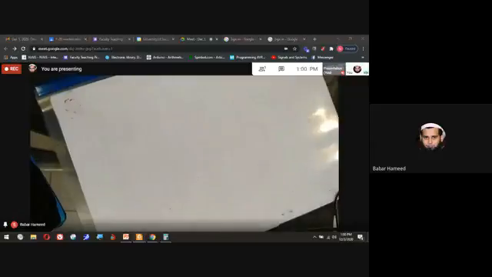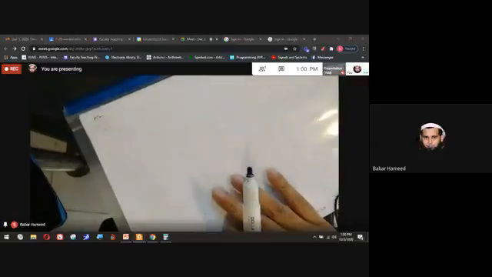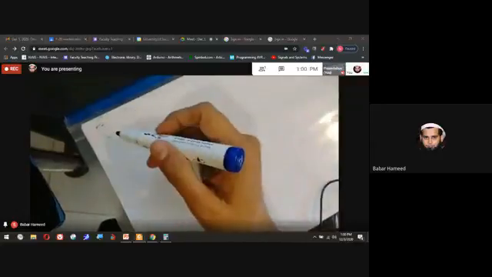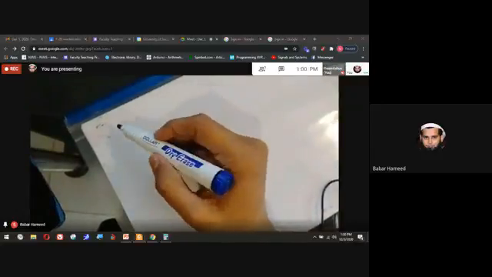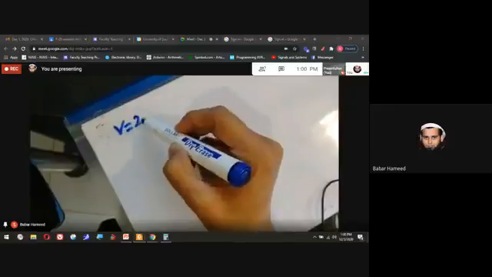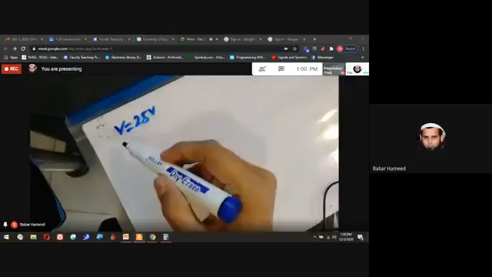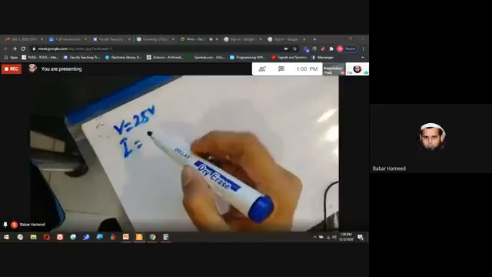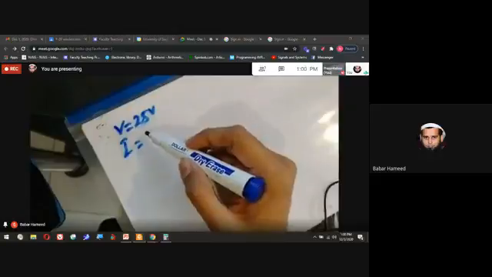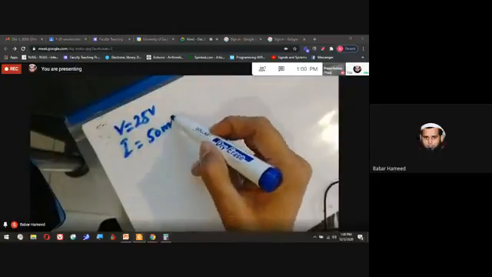We are operating with 25 volt. Applied voltage is 25 volt. The ammeter reads 50 milliampere. We have the observed value of current, that is 50 milliampere.